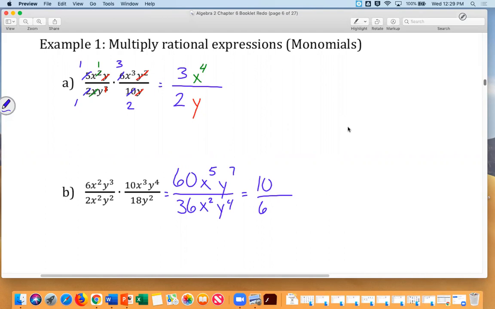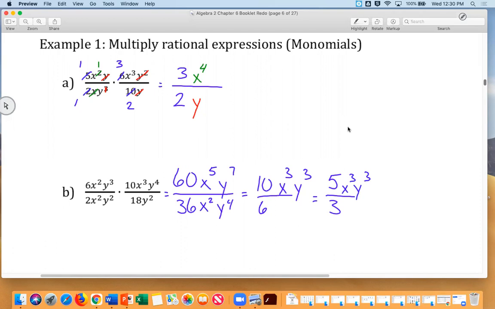The x's, x to the fifth over x squared, it's x to the third. Y to the seventh over y to the fourth, that's y to the third. The variables are a little bit easier to deal with here, but I feel the numbers aren't. And then you see 10 over 6, take a 2 out, it's 5 over 3, x to the third, y to the third.